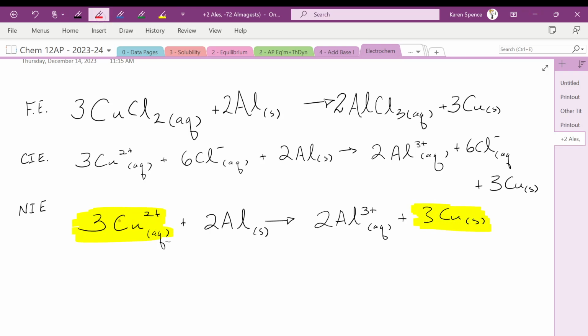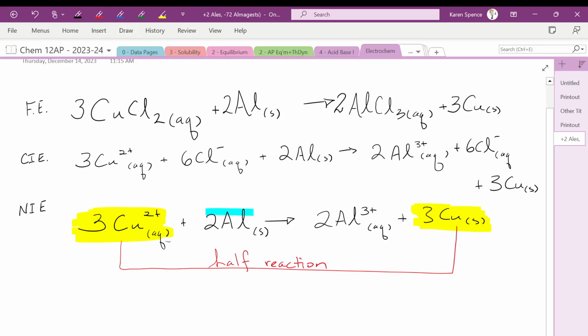we're going to isolate that part of the reaction. That part of the reaction is called a half reaction because copper 2+ turning into copper 0 is half of the redox reaction. What would the other half reaction be?